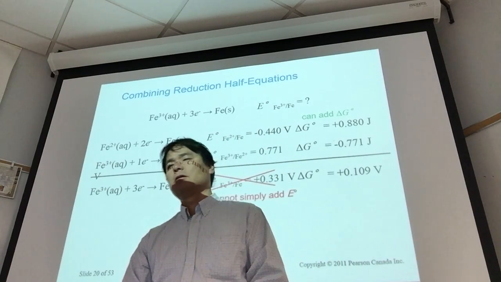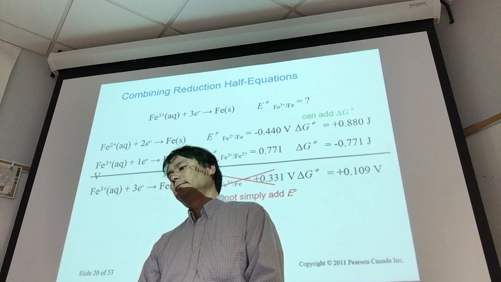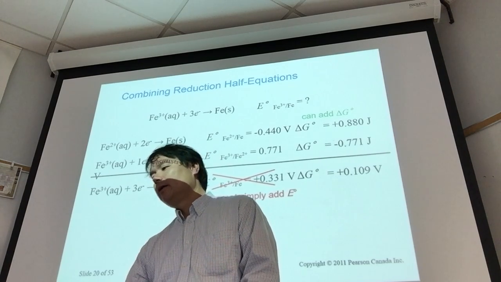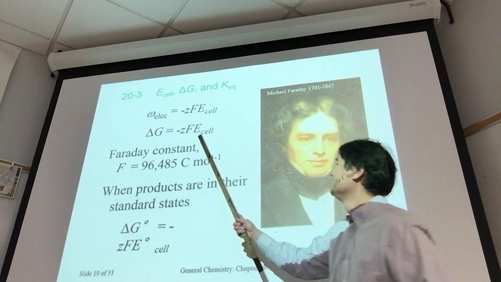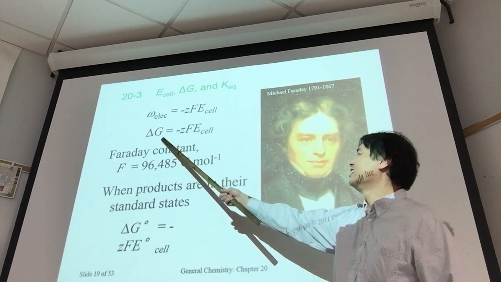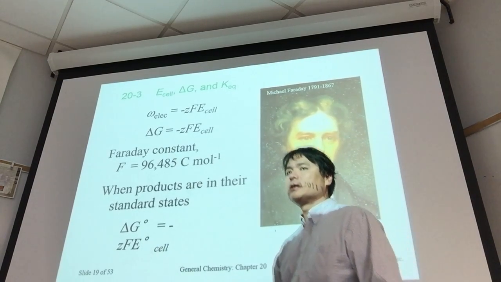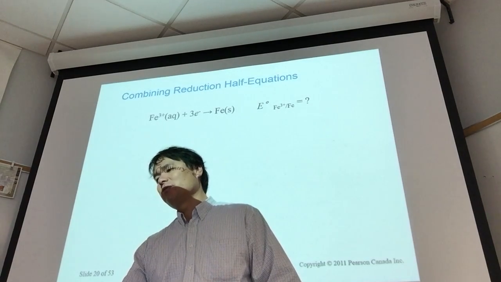Is there an equation that relates delta G with voltage? Yeah, this equation here. This is voltage. This is delta G. There's an equation that relates it. For the half reactions, it's a little bit more tricky. That's for the cell reaction.